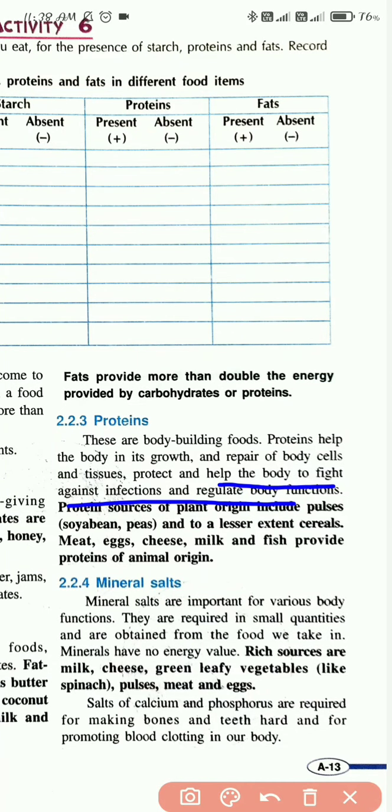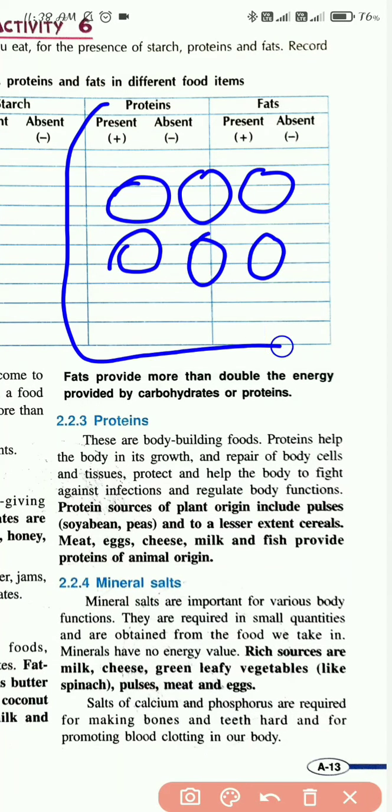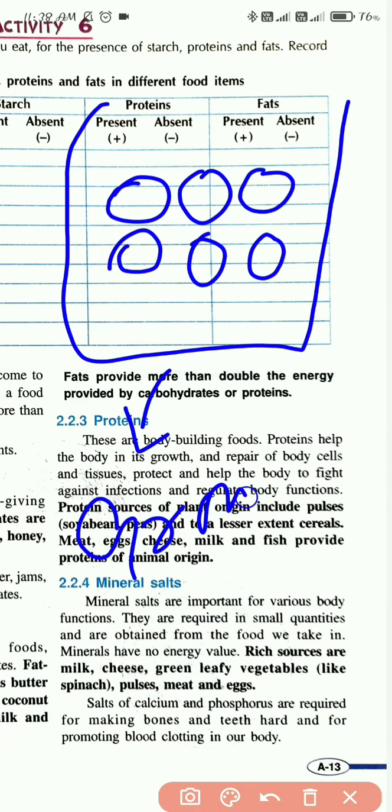So why is protein known as bodybuilding food? Because protein helps in the building of our body. That means it helps us grow. If we eat protein rich food, it will help our growth, and also it will repair the body cells.